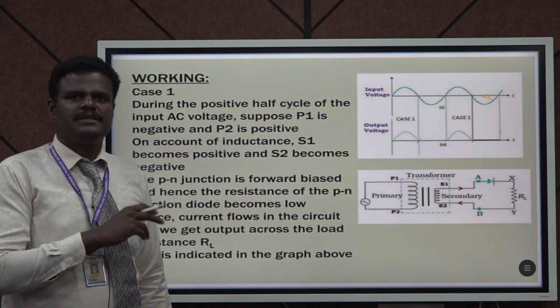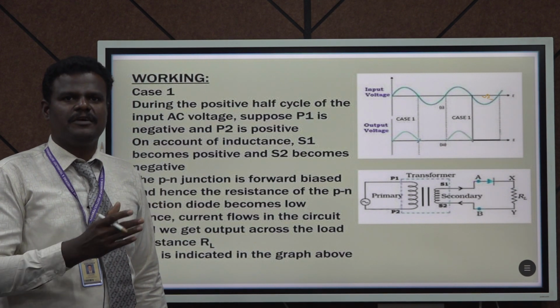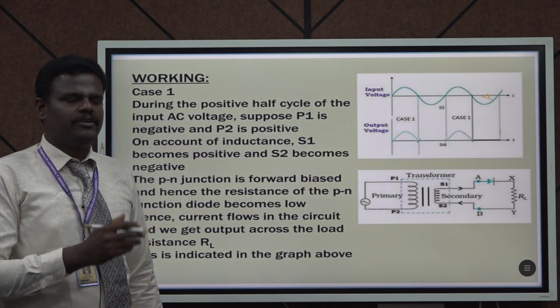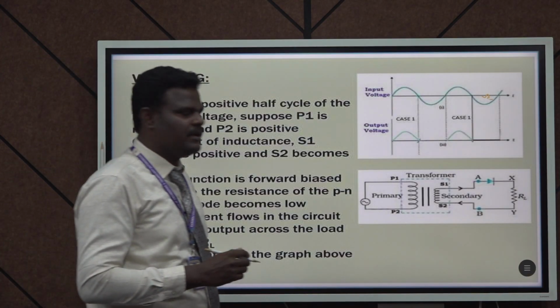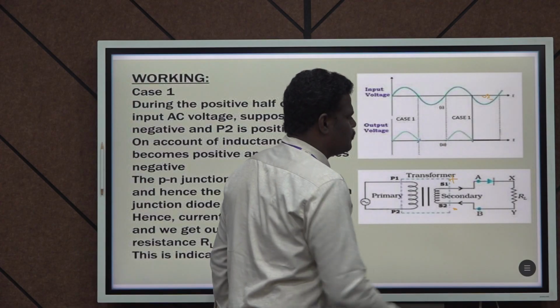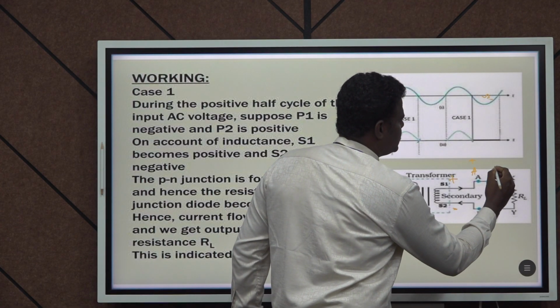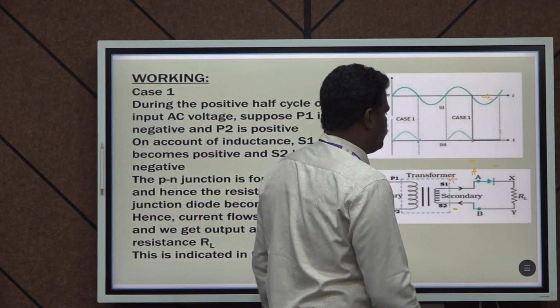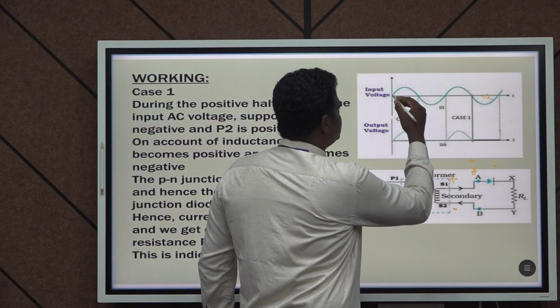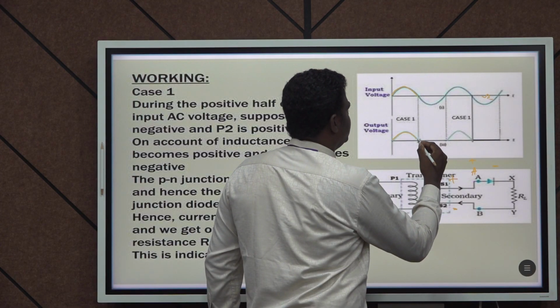The working principle comprises two phases. The first phase is the positive half cycle, and the second one is the negative half cycle. During the positive half cycle, the anode is positive and the cathode is negative, so the diode is in forward bias. So it allows the positive half cycle to the load side.